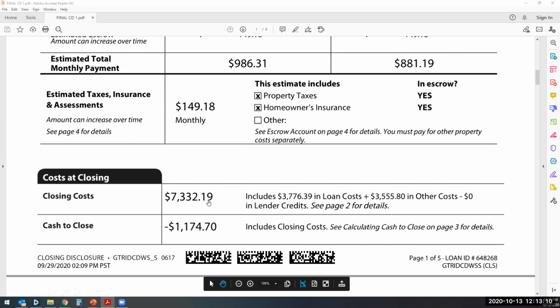The reason why not the closing cost is because this is the total closing cost, and most of the time it is not including the credits, okay? So we don't want the client to be alarmed because this is too high, okay? We always want to point them to the cash to close. That's the money they have to bring at closing, including their down payment and their closing costs.